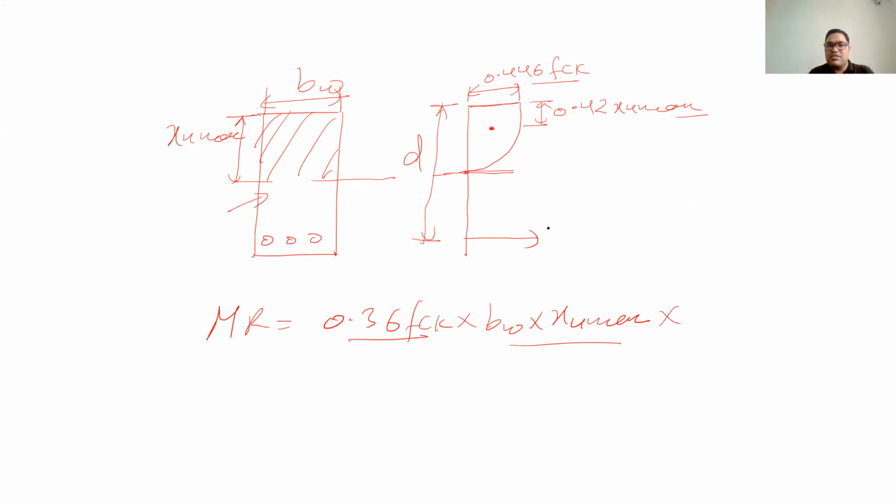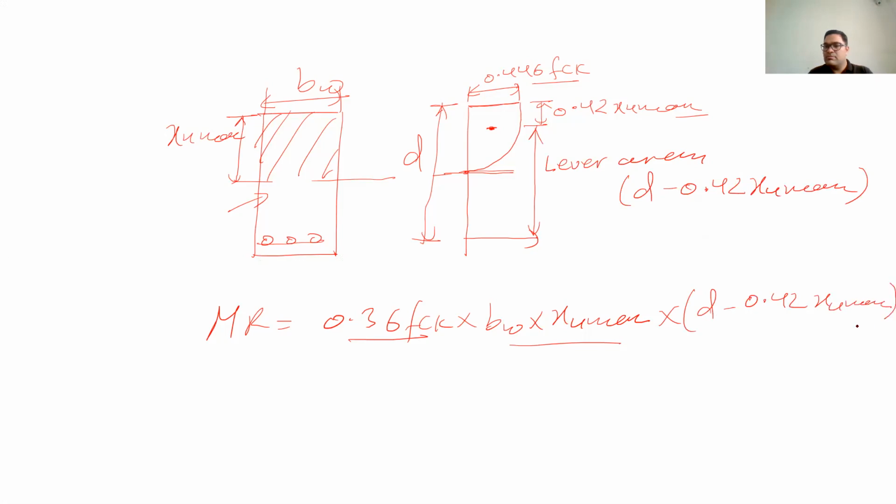The lever arm is the distance between the CG of the bar and the CG of stress in concrete. So this is the CG, and this distance is the lever arm, which is D minus 0.42 XU max. That is what we are writing here. So that becomes the formula of moment of resistance for the rectangular element.